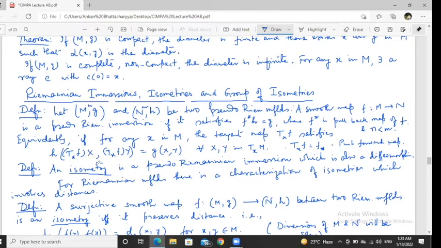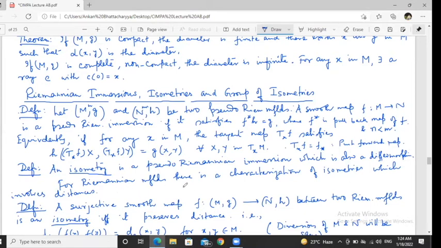So the inner product of the two tangent vectors at N is equal to the inner product of the two tangent vectors at M. That is the main concept of a pseudo-Riemannian immersion. Now an isometry is a pseudo-Riemannian immersion which is also a diffeomorphism. Now I think you have the concept of diffeomorphism.